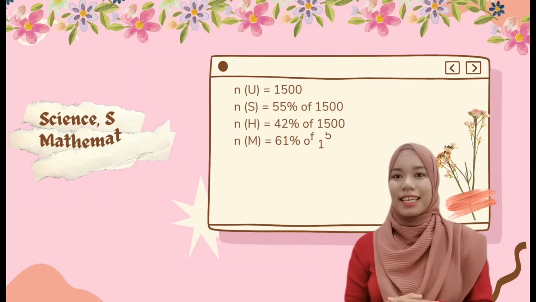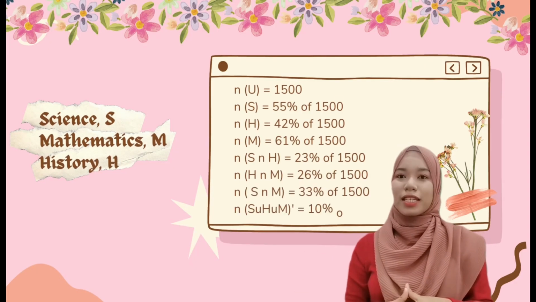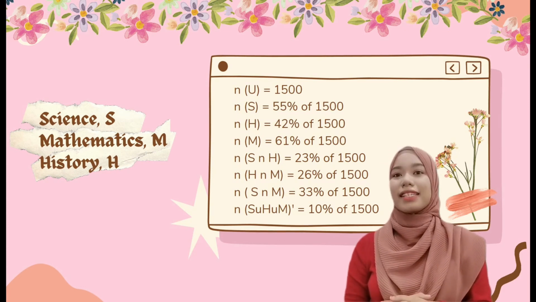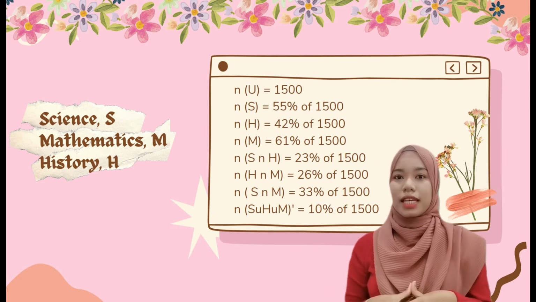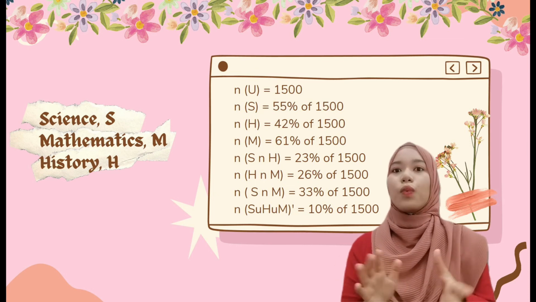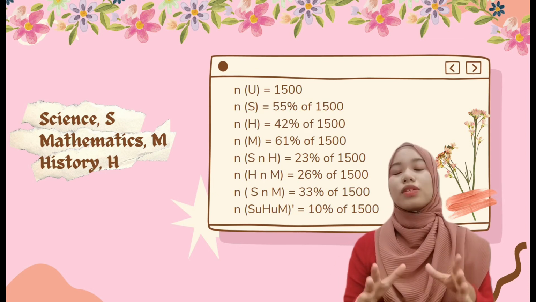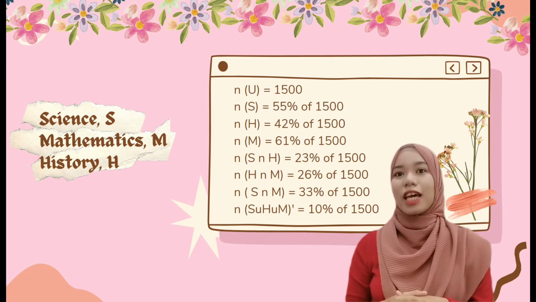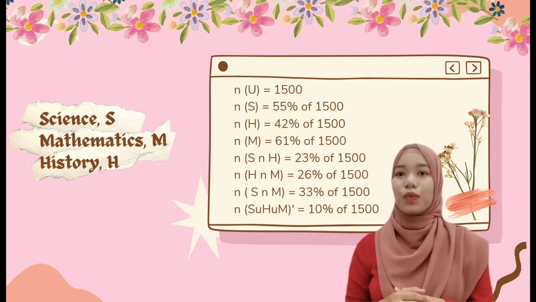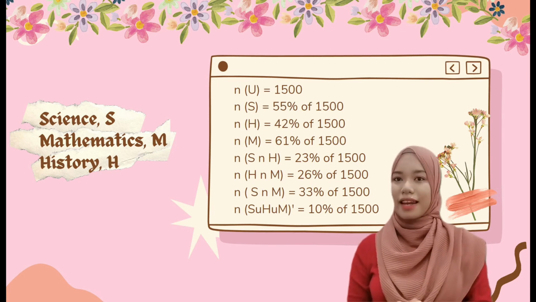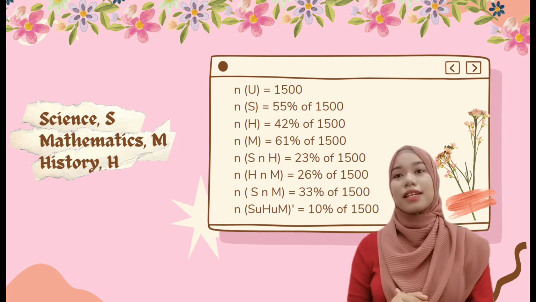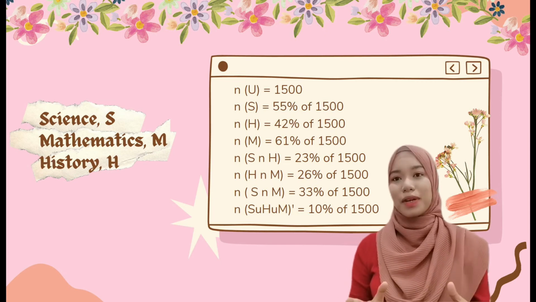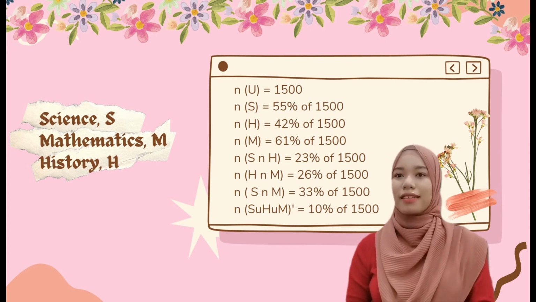Oh, I see. Let me summarize the situation presented by the principal so that we as teachers can better understand. Based on the situation presented by the principal, we will use the Venn diagram method for the survey of 1,500 students. From this situation, I can conclude that the number of students who like science is 55%, the number of students who like history is 42%, and the number of students who like mathematics is 61%.